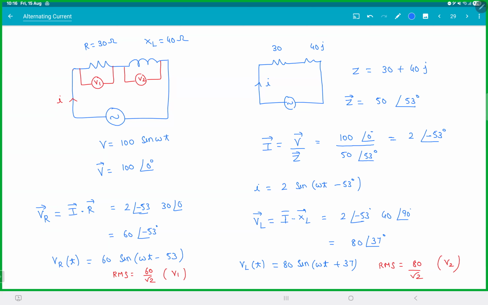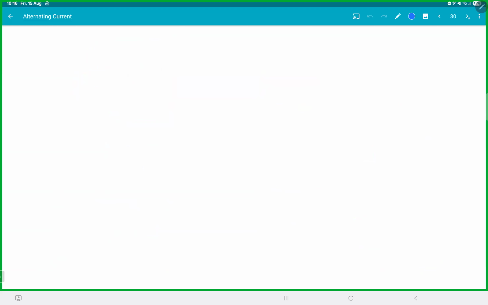Clear with this? What happens if you bring a capacitor now? Capacitor in an AC circuit.